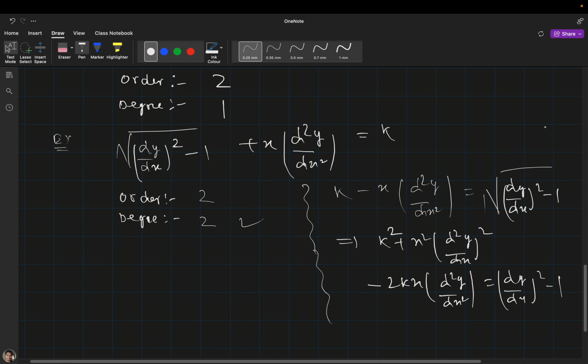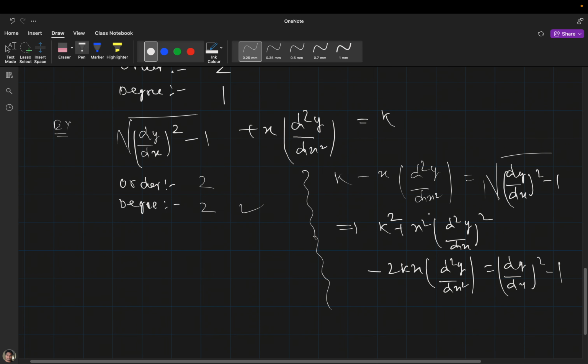So the efficient way to remove the fractional power is this. You can also do it the other way, but the power will be 2 more, and that is not an efficient way. So in this way you have to do it. Degree should be minimum, not maximum. Okay, fine or not?